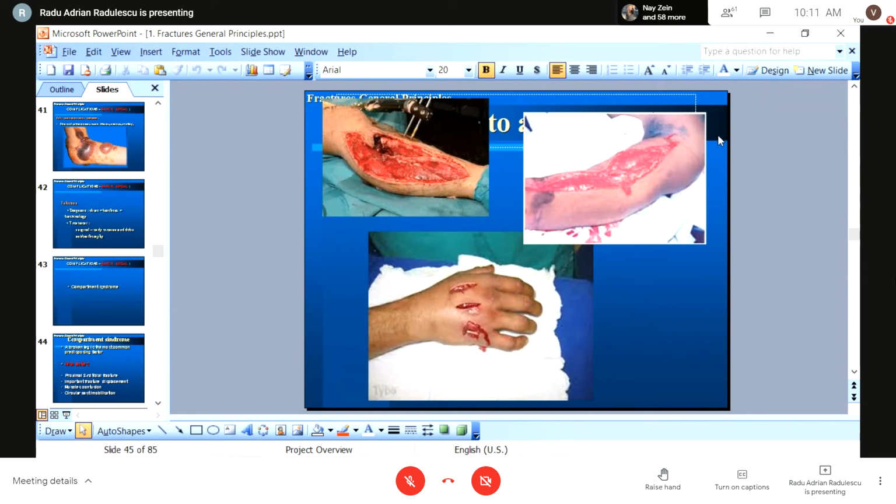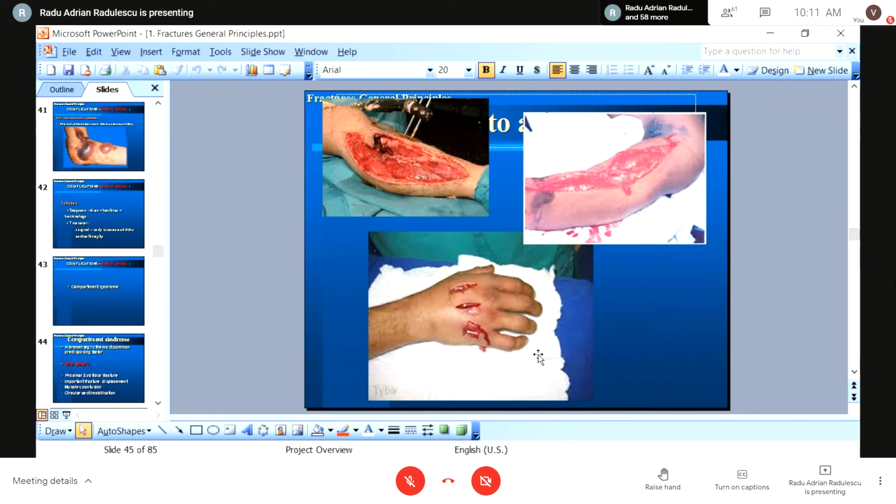If this syndrome develops, then we need to perform incisions all along the segment, this is also a leg, in order to release the walls of the arteries and re-establish the blood flow to the peripheral part of the limb.